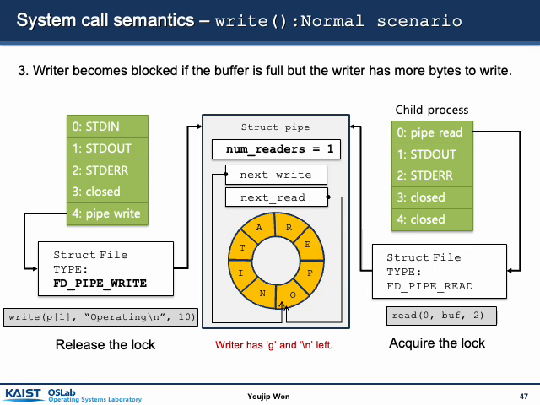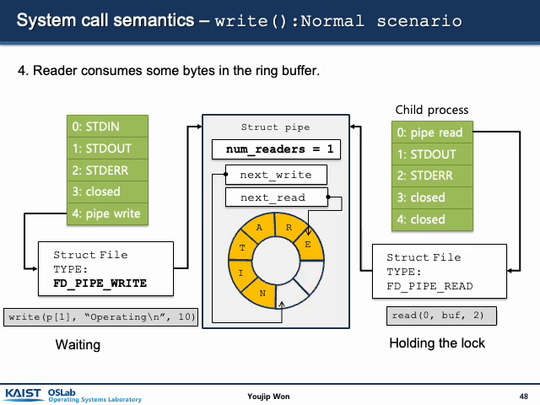Then the pipe buffer becomes full. From the view of the writer process, there is no space left to write the remaining characters onto the pipe buffer, so it releases the lock related to the pipe buffer, and the child process starts reading the characters from the pipe buffer. It acquires the lock of the pipe, and it starts reading the characters in the pipe buffer.